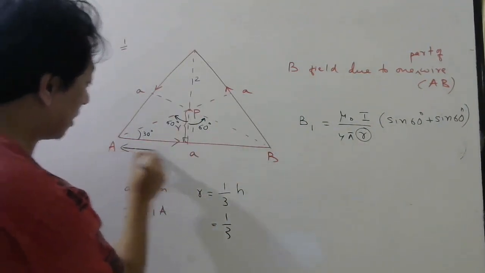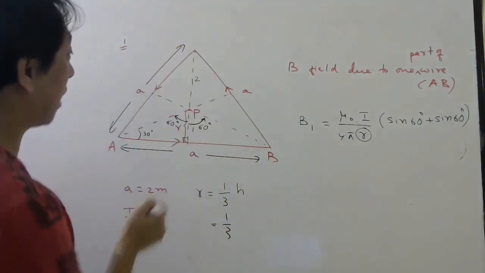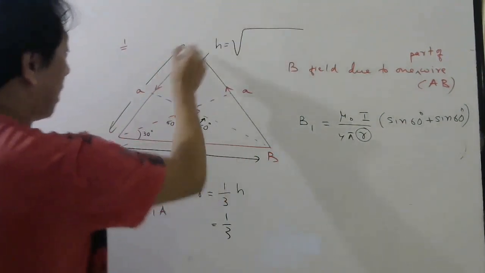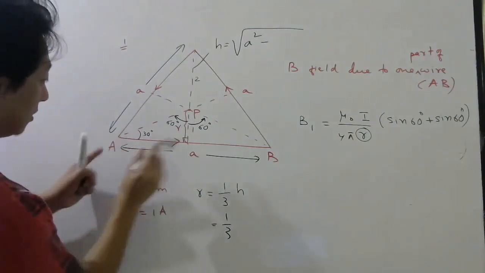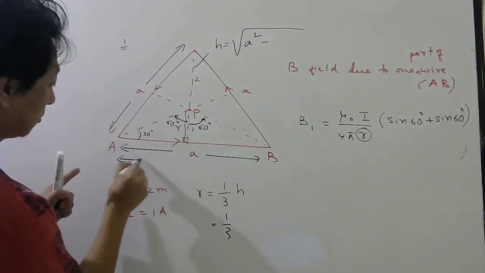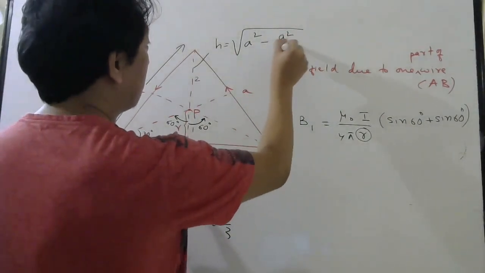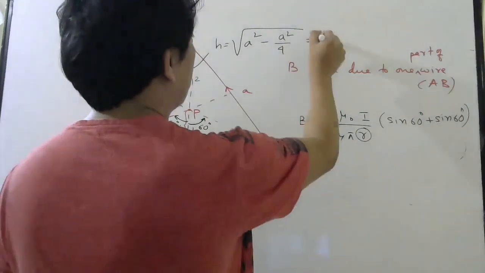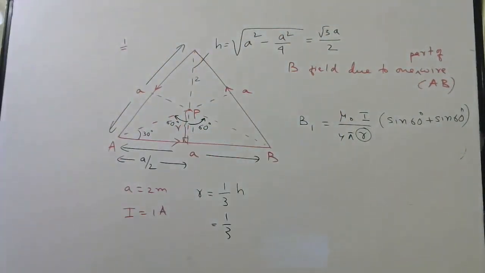A is given to us, remember. This is your A. So height I can find by using Pythagoras theorem. So root over hypotenuse square minus adjacent square. This is your adjacent, which is A by 2. So A by 2 square will be A square by 4. Correct? So that will be root 3A by 2. Take LCM and take square root.